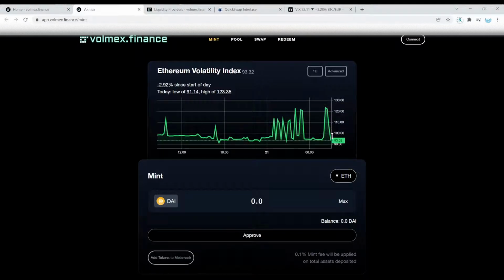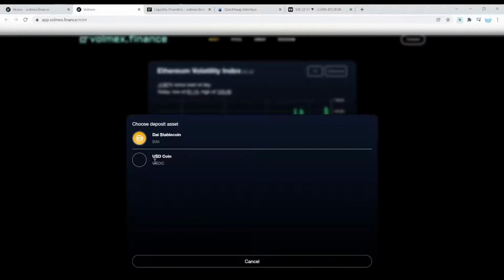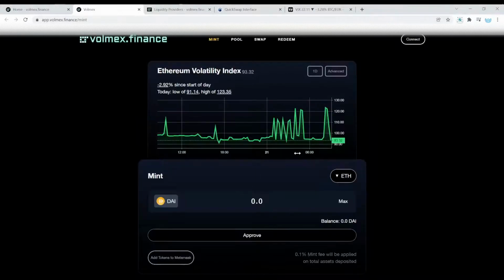But the sum is still the same at the end. So if you want to provide liquidity for this protocol, we can use DAI or USDC and mint an equal amount of those two tokens, okay?